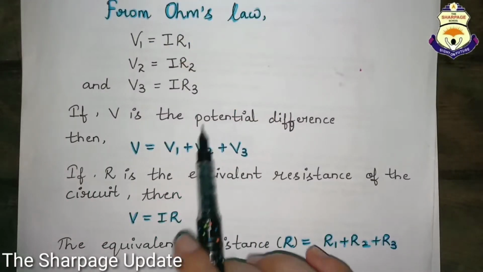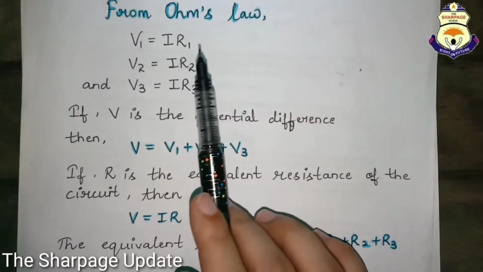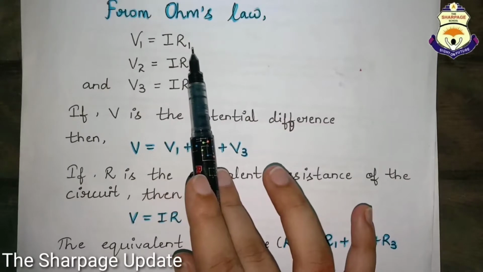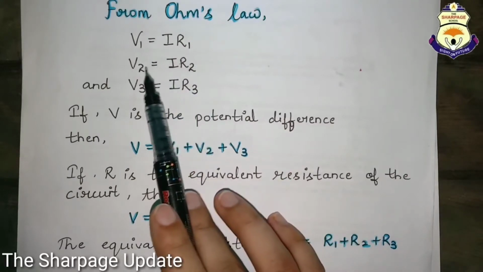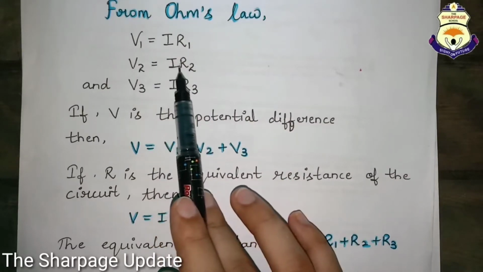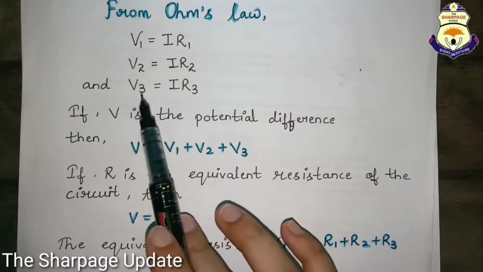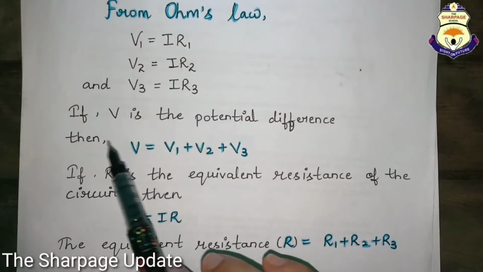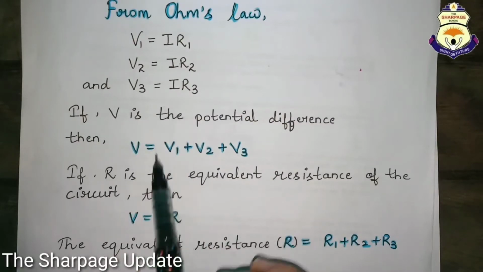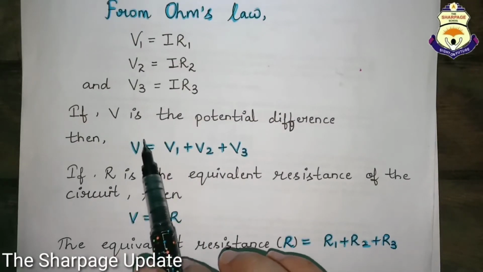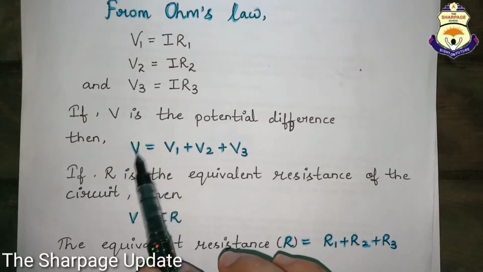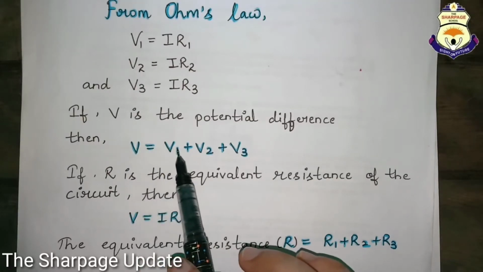Now, by using Ohm's law, as we already know, Ohm's law states that V equals IR. So, V1 equals IR1, V2 equals IR2 and V3 equals IR3. If V is the total potential difference, then V equals V1 plus V2 plus V3.